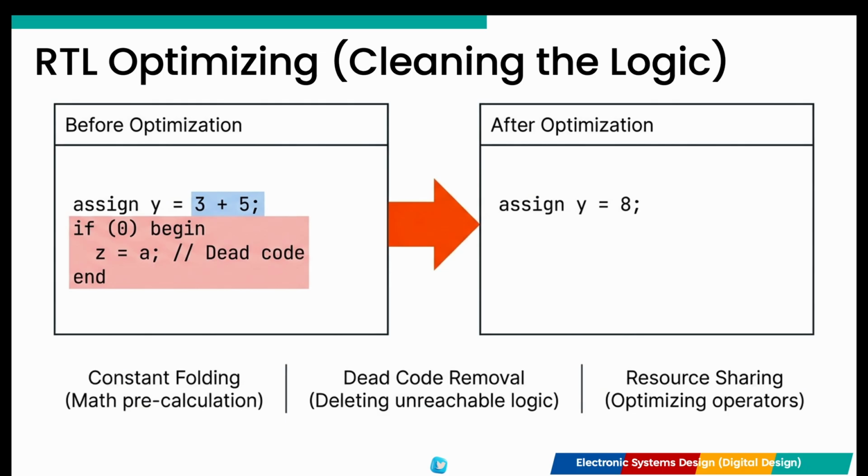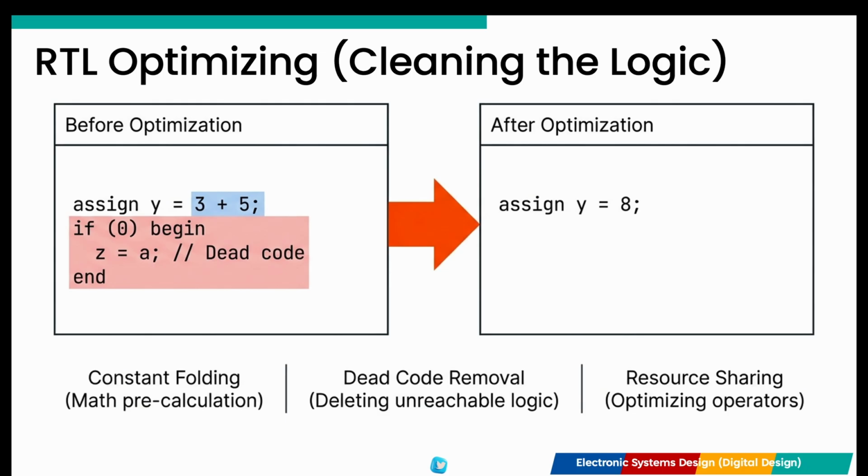In another word, logic optimization is where the synthesizer looks for ways to achieve the same output using fewer resources. It uses Boolean algebra to simplify equations. For instance, if you have a circuit that calculates A AND 1, the tool knows that the output will always be just A, so it deletes the AND gate entirely.